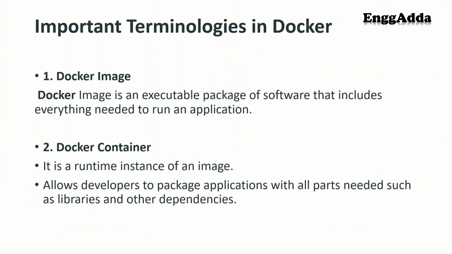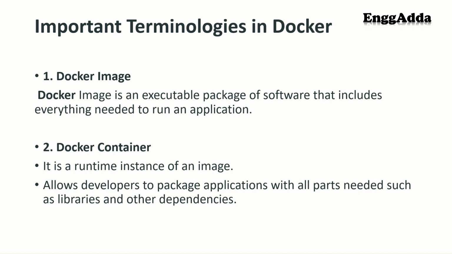So, some important terminologies in Docker. First of all, what is a Docker image? A Docker image is an executable package of software that includes everything needed to run an application. Let's say I have created a Spring Boot application and it requires a web dependency.